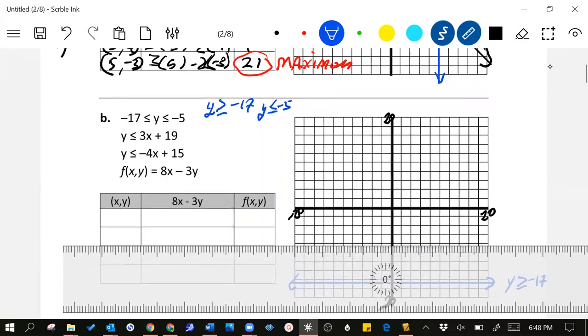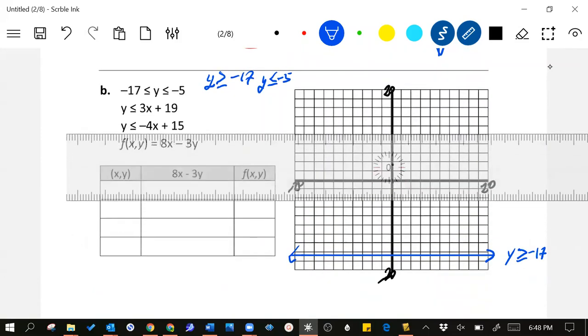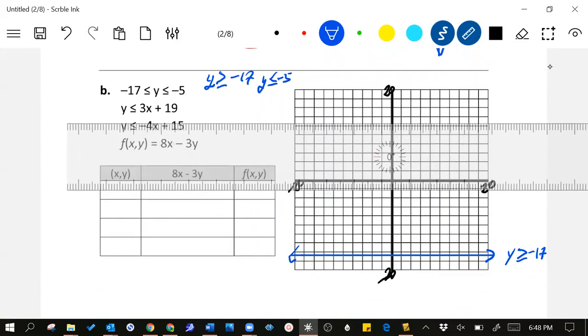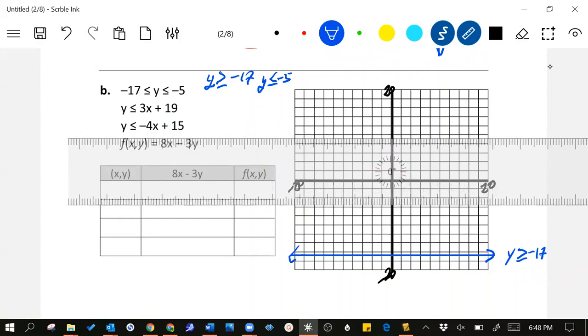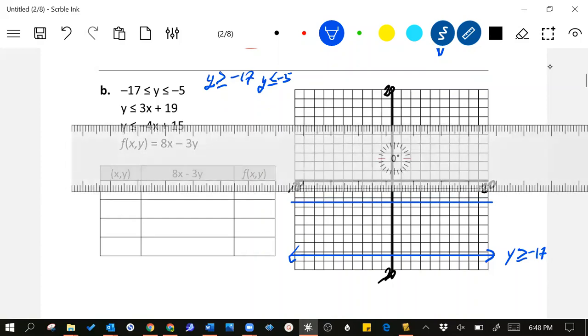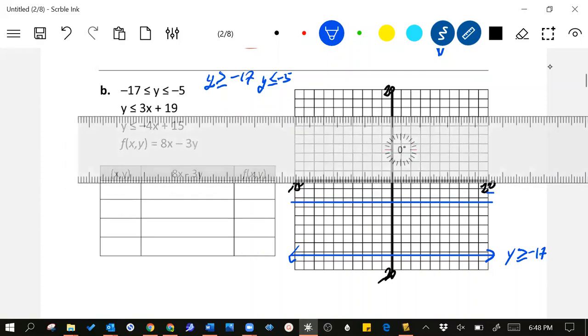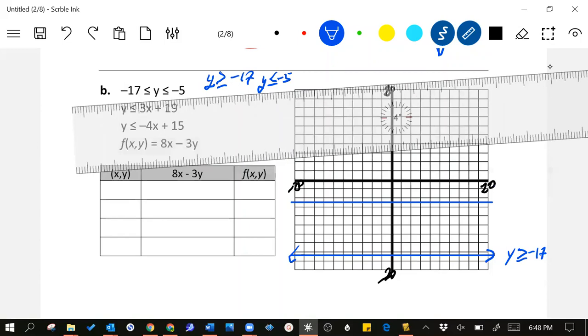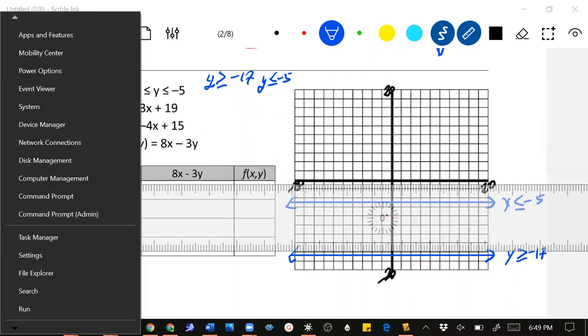And then we also have less than negative 5. So it'd be 2, 4, negative 6, negative 5 would be about here. That's y less than or equal to negative 5. So the area in between would be shaded, and we'll wait till later to do all of that.